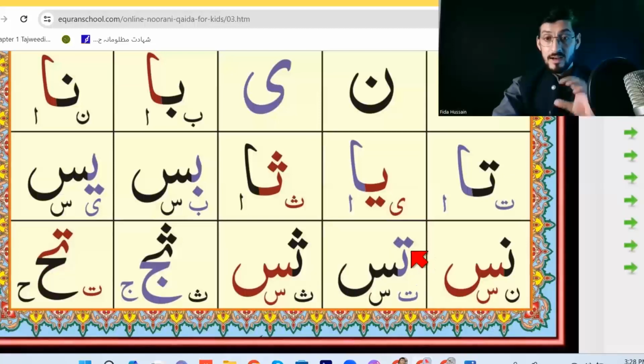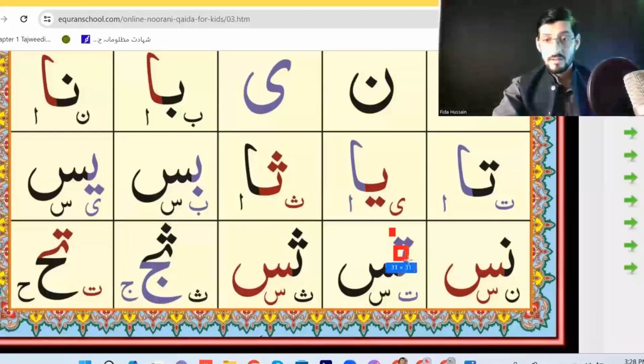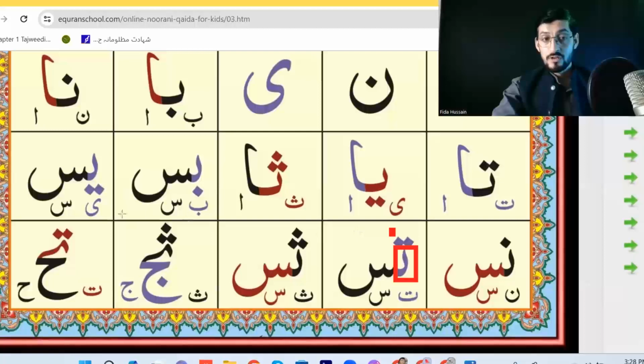So if you recognize the position of dots, that is very important, because ta is not proper here. See, only a sign like this, and I will show you. This is very important, only this part, see, but the 2 dots are saying this is ta, exactly.